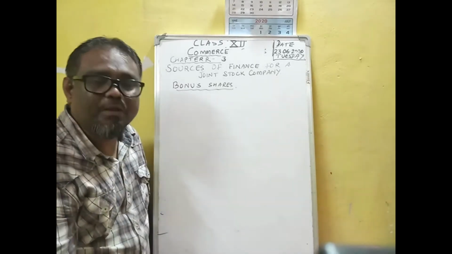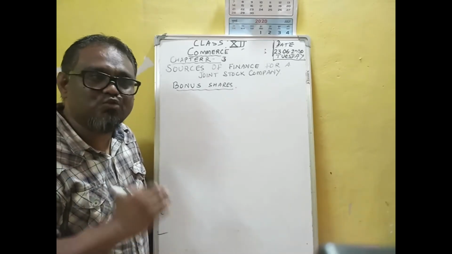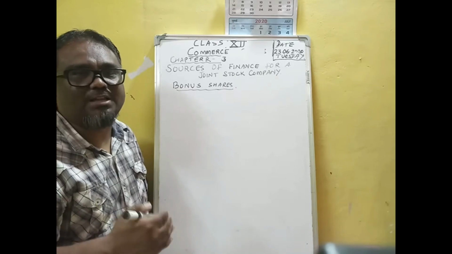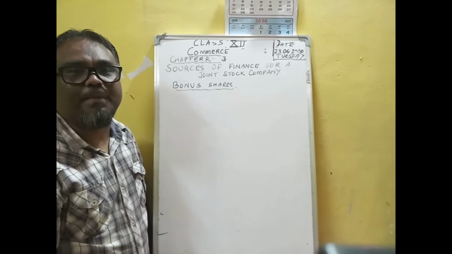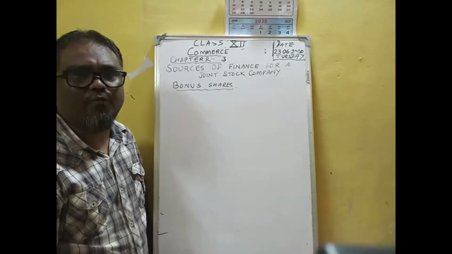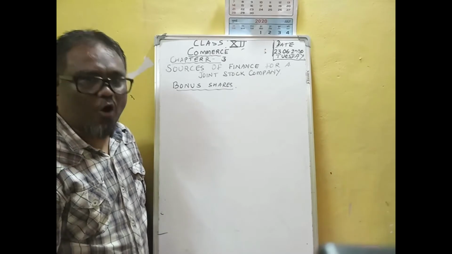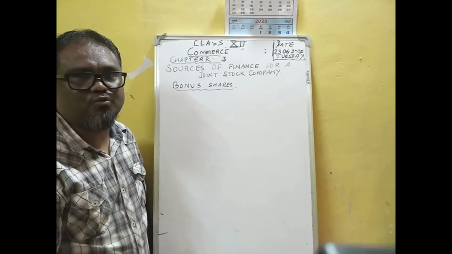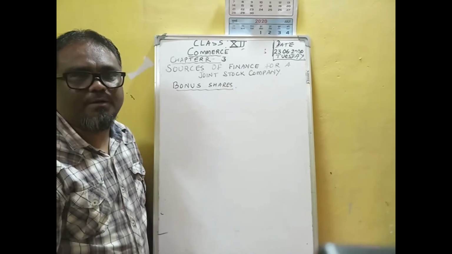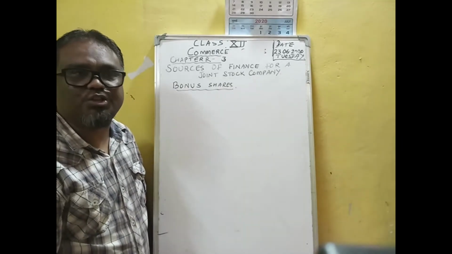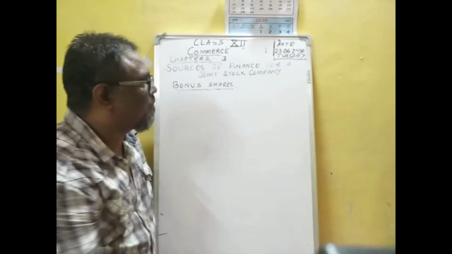So bonus shares are those shares which are issued free of cost to the existing shareholders when a company has a large amount of accumulated profit. From this profit, a company issues the bonus shares to the existing shareholders. So this is bonus shares.